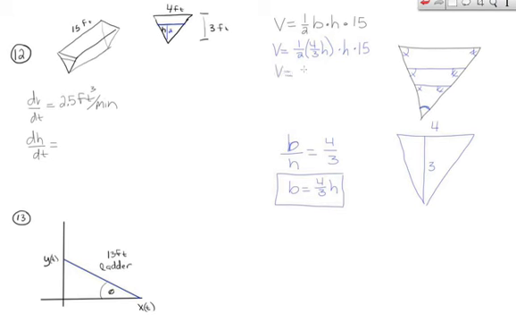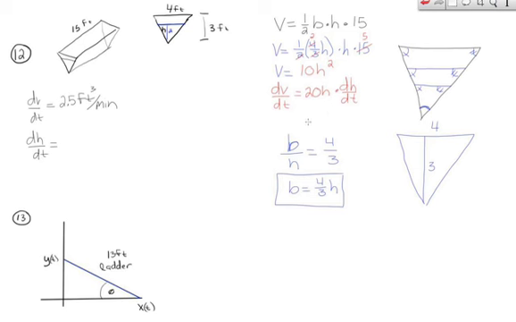So volume equals, let's see here, the 2 we'll reduce to 2, the 3 will reduce the 15 to 5, and I'm left with no more denominators. I'm left with 10h squared. And so dV/dt I can now take, giving me 20h, the 2 came down, changed it to 1, don't change the inside, times dh/dt.